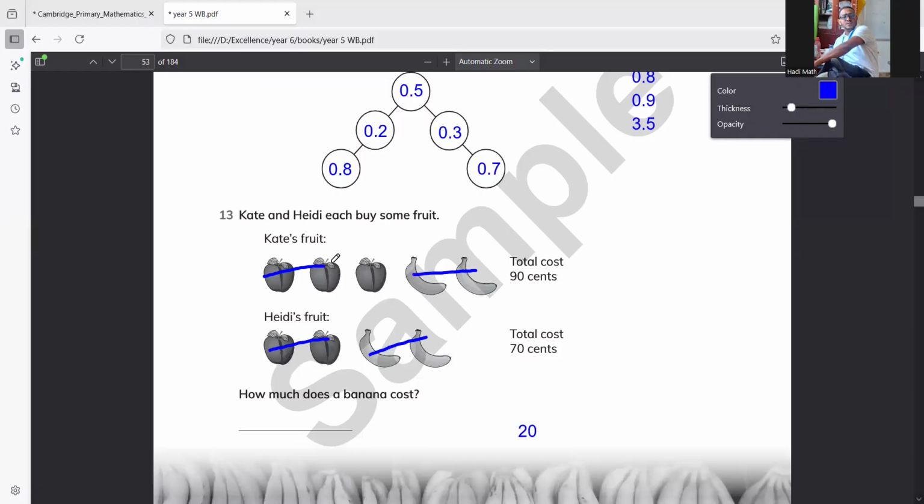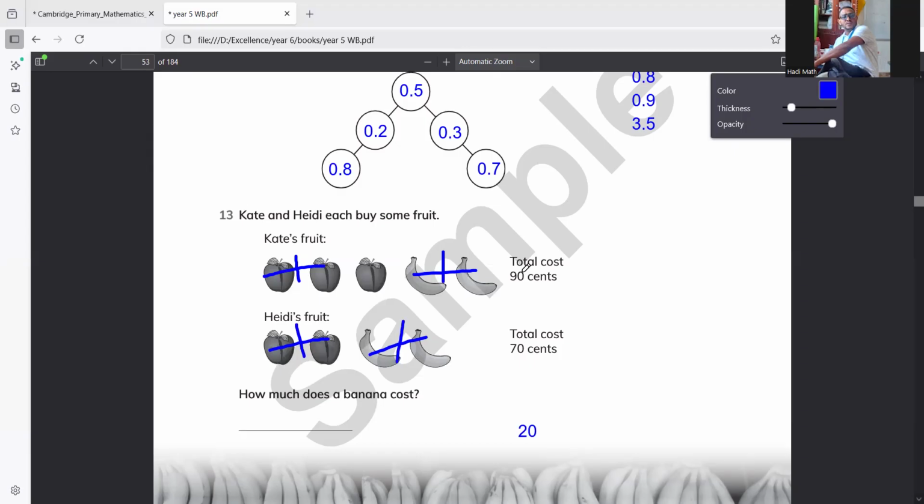This one minus this one: 3 apples and 2 bananas minus 2 apples and 2 bananas. The 2 apples cancel with the 2 apples, and the 2 bananas cancel with the 2 bananas.